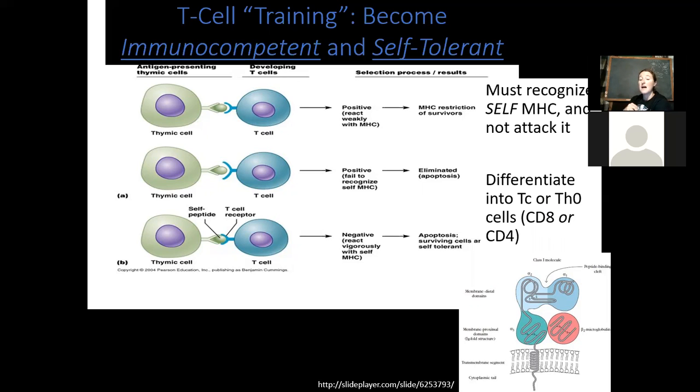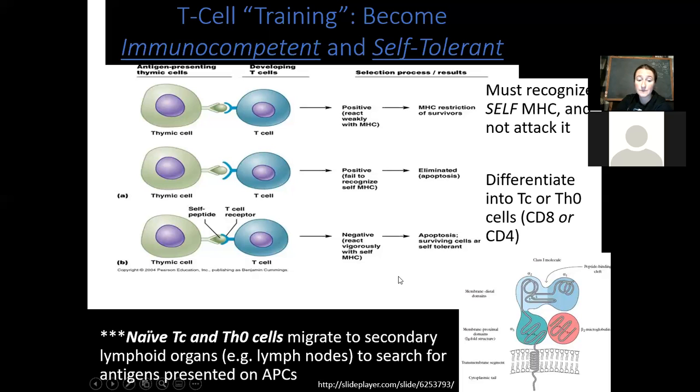They cannot rewind the clock and become cytotoxic T cells. They cannot rewind even farther and become a B cell. They are committed at this point to being either a cytotoxic or a helper T cell. Okay. And so the way that happens is that essentially one of the types of glycoproteins is removed from the surface. So either these cells remain with the CD8 or they remain with the CD4.